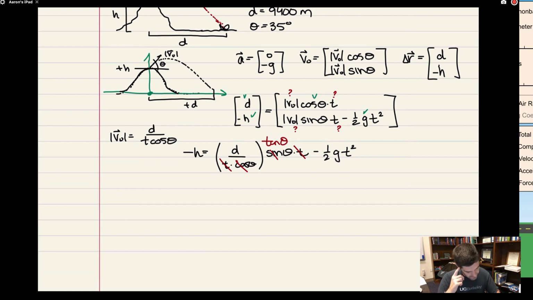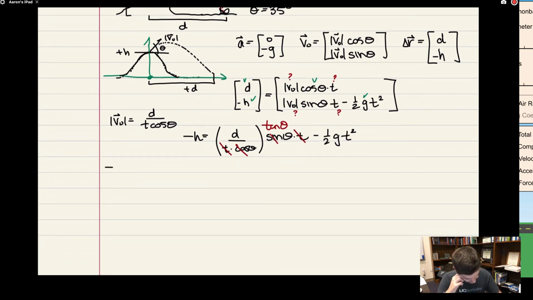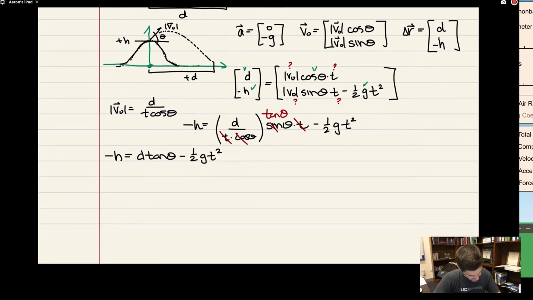And so as a result, this equation, at least to me, looks way simpler than if we try to get v first. Because now I have an expression where I know h, I know d, I know tangent, I know g. I don't know t, and it's a relatively straightforward equation to solve for t. h, d, and tangent are just constants, so this is only like 1/2 g t squared equals d tangent minus h.